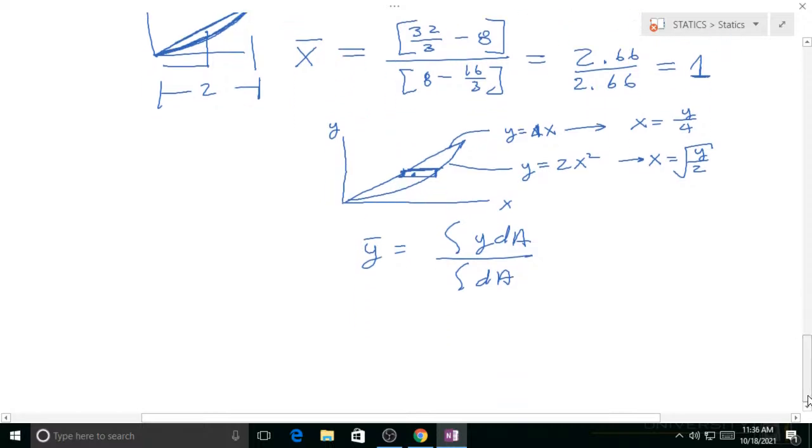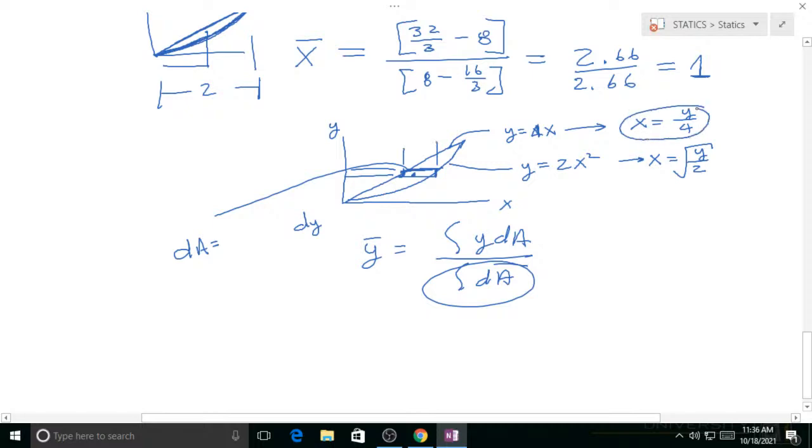If you just work on this one, you've got this little sliver here. That little sliver, its dA is equal to, now it will be dy, because now you've slivered it that way. Your bottom function is that one, and your top one is that.